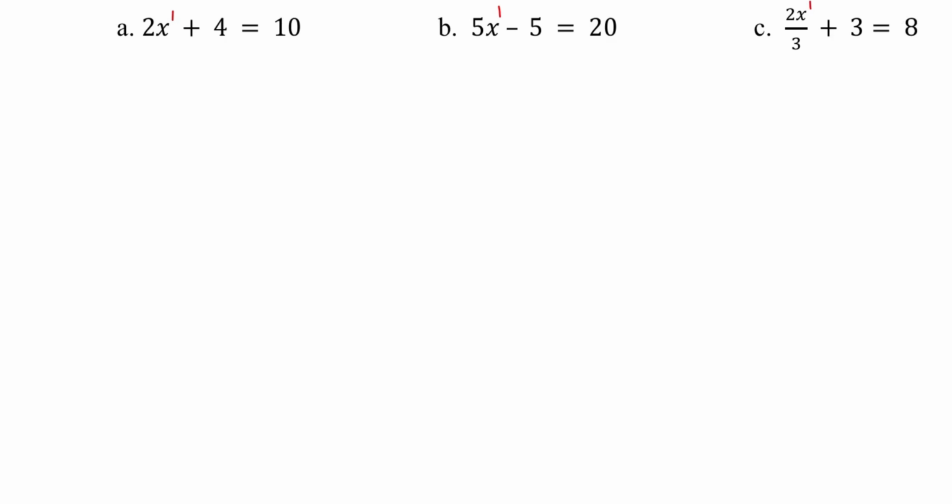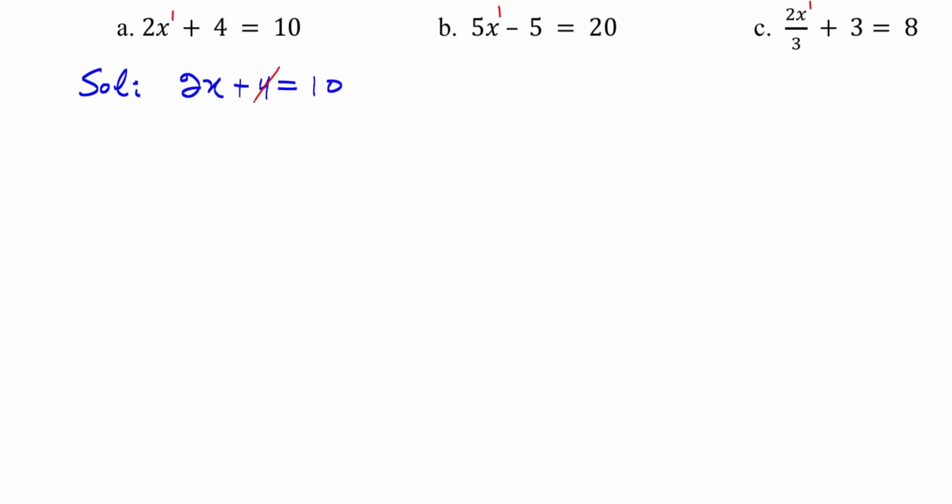The very first thing when you are solving a linear equation, like I'm solving the first one, you will write solution. In the solution, you have to write the equation the same as it is: 2x plus 4 equals 10. Now, how can we remove 4?